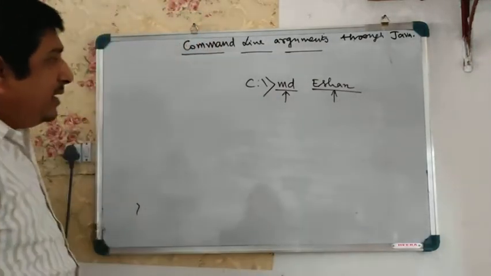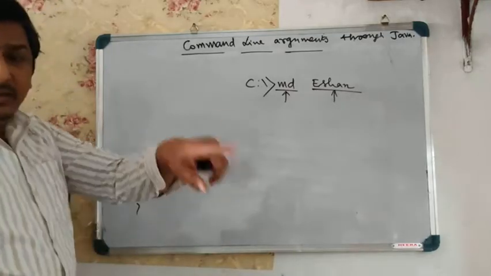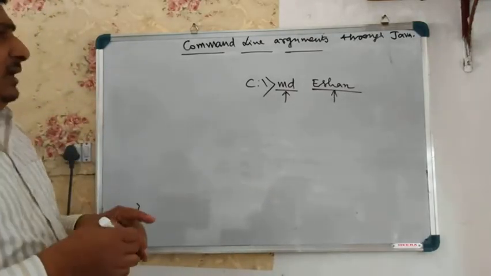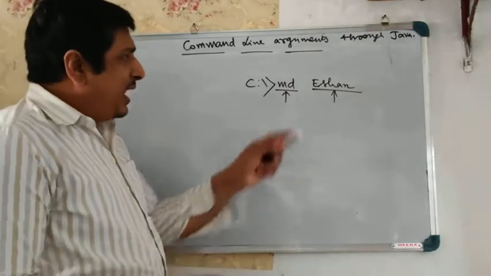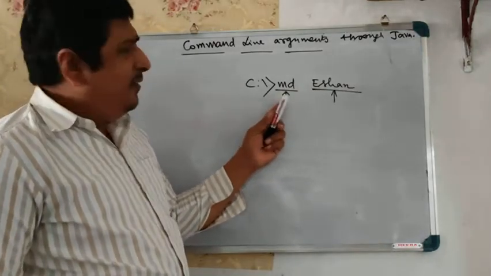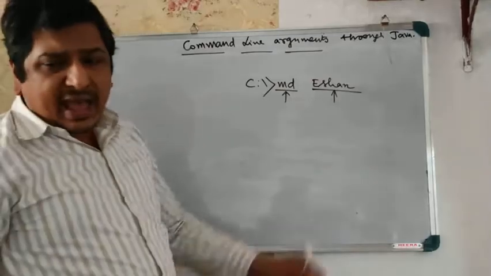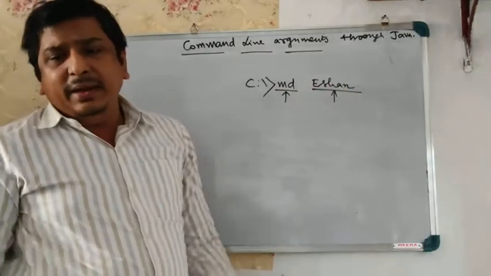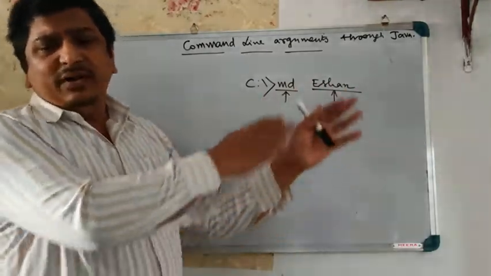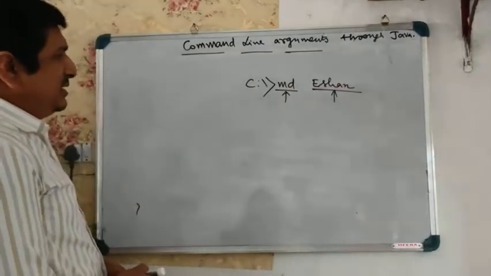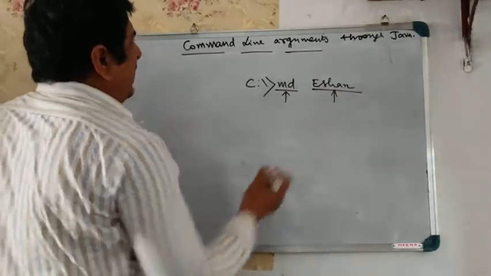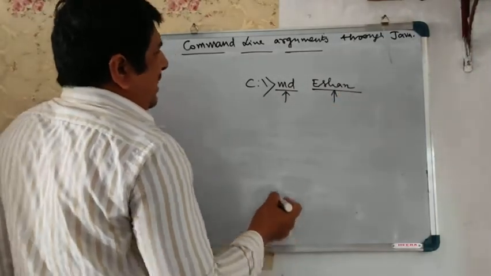Now, after today's class, you will be able to write a program in Java like this, where you can pass arguments as per your need and perform whatever you want to do. Let us see how we can write a program like this.